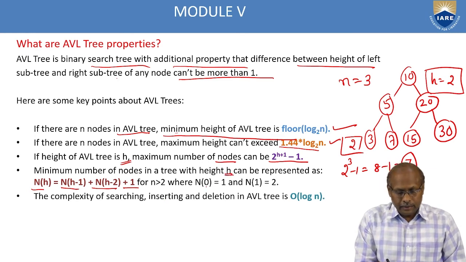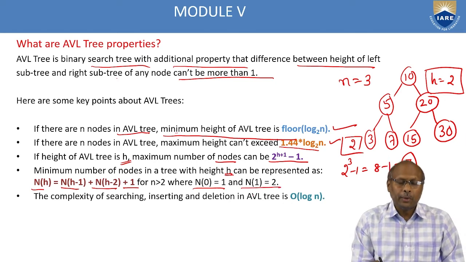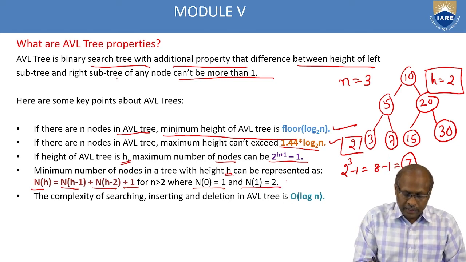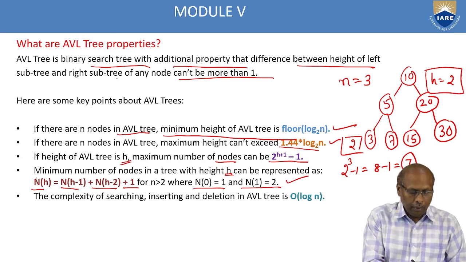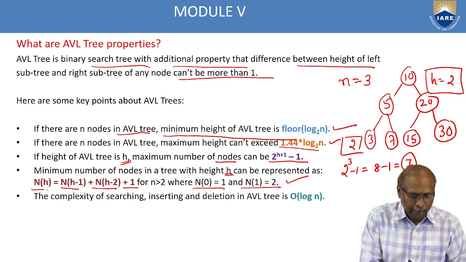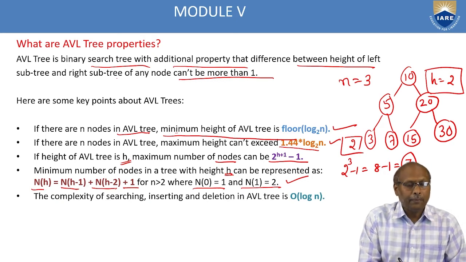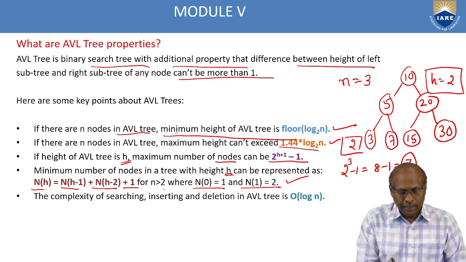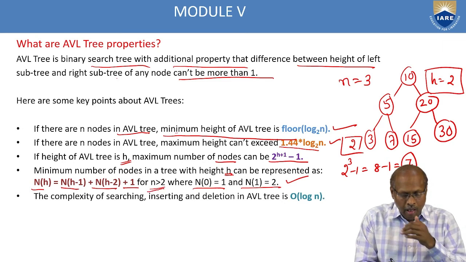And remember, when height is 0, the minimum number of nodes is 1. When height is 1, the minimum number of nodes is 2. So this is another thing you should remember. So remember this formula: N of h equal to N of h minus 1 plus N of h minus 2 plus 1, for h greater than 1.